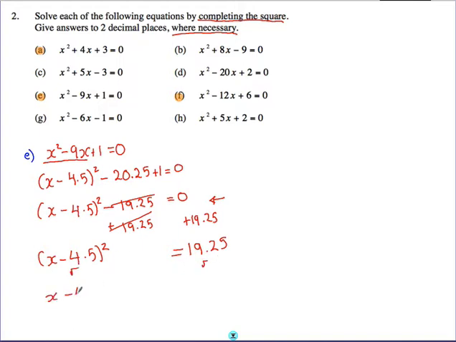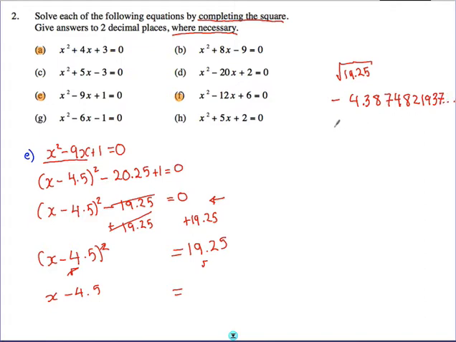so it will just be x minus 4.5. Remember, this square root cancels out, and that is equal to the square root of 19.25. I'm going to use a calculator for that, so give me a second. The square root of 19.25 is equal to 4.3874821937, and so on.